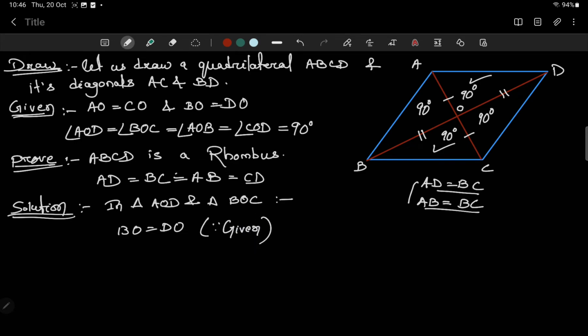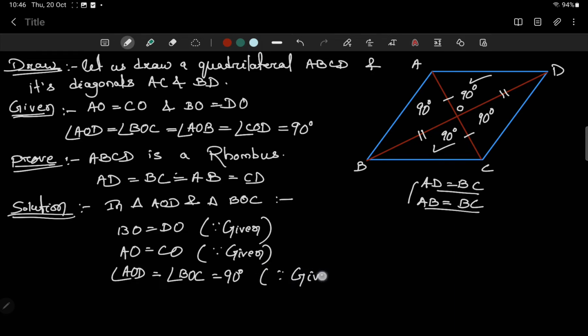And this is AO equals to CO. Why? Na given. Acha, angle AOD equals to angle BOC equals to 90 degree. Why? Na given. Okay, so all the data are given, you don't have to find anything.